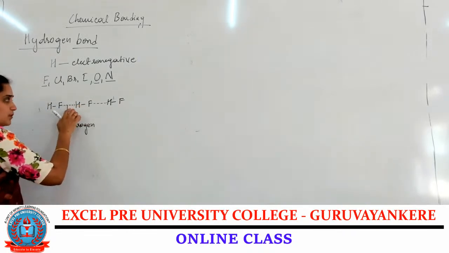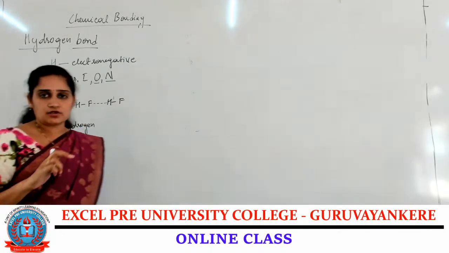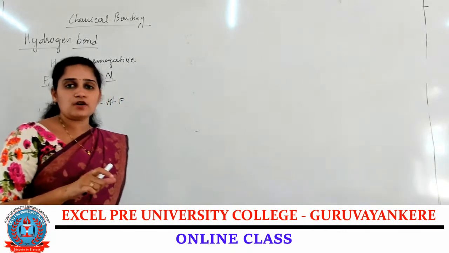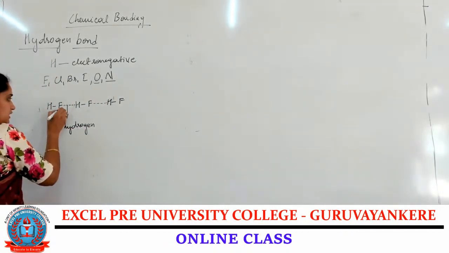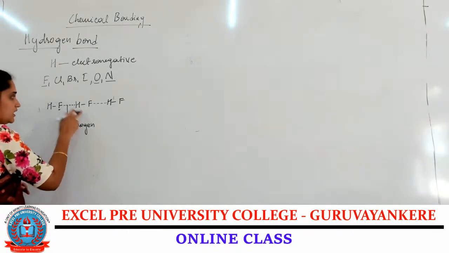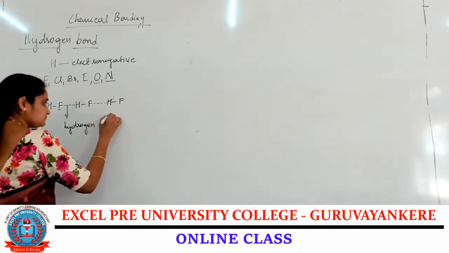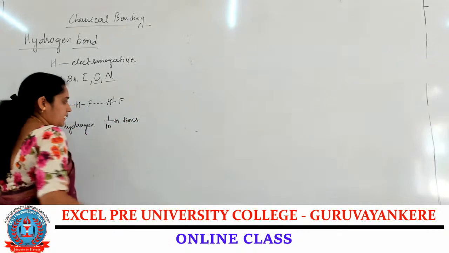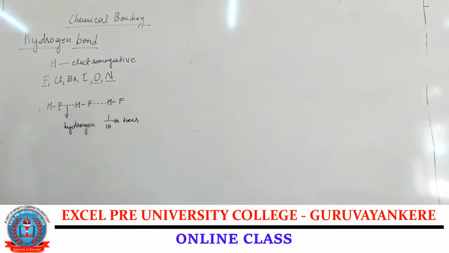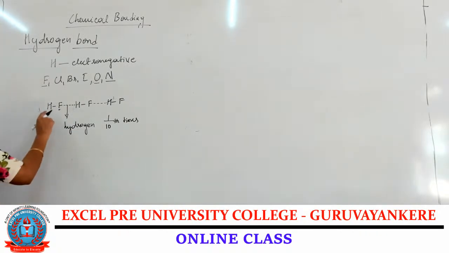Out of these two, the covalent bond is stronger because there is sharing of electrons taking place. But in the hydrogen bond, it is just a force of attraction between the electronegative element of one molecule and the electropositive end, that is the hydrogen, and it is 1/10th times weaker than the covalent bond.